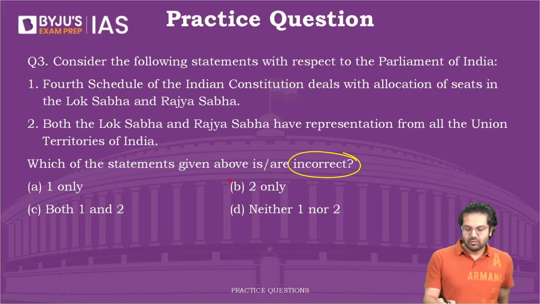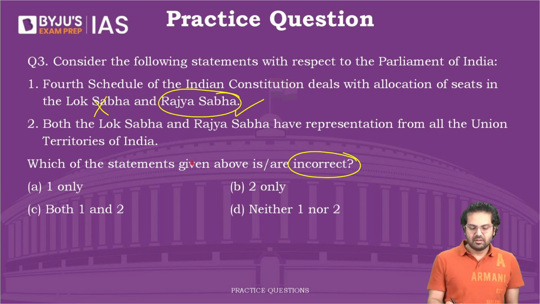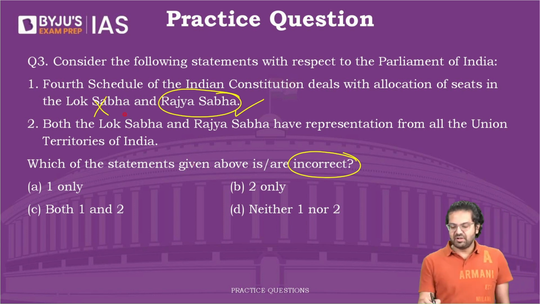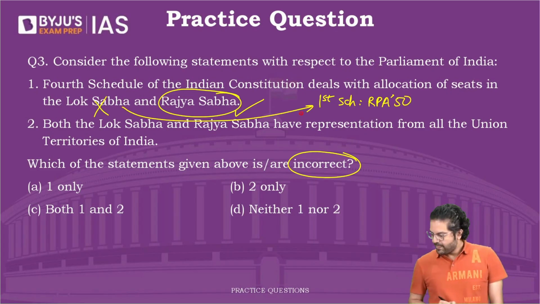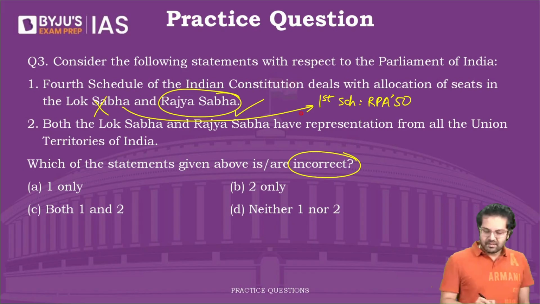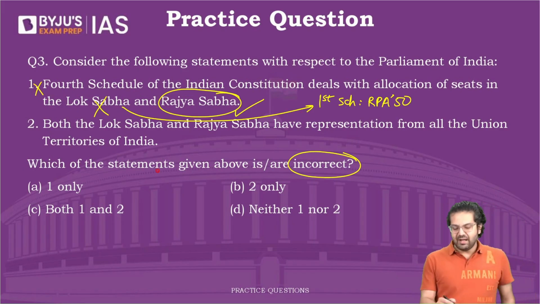Tell me, only in the Rajya Sabha, not in the Lok Sabha. The Lok Sabha seats are mentioned in the first schedule of RPA 1950. Yes or no? So this is wrong. Both the Lok Sabha and Rajya Sabha have representation from all the UTs.